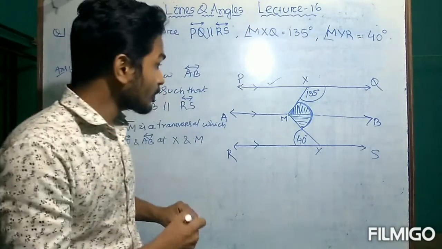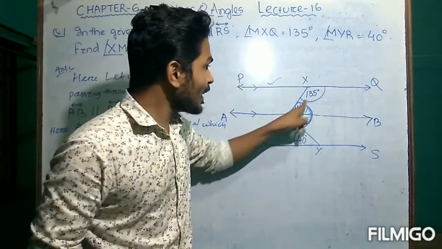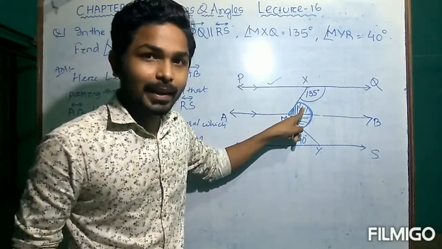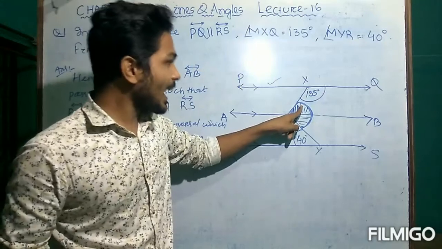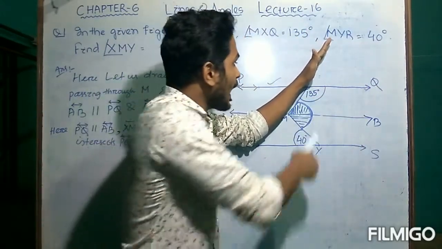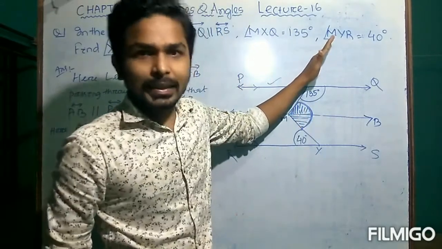Now see, these two angles are known as which type of angle? They are co-interior angles, as they both lie on the same side and they are interior to each other.